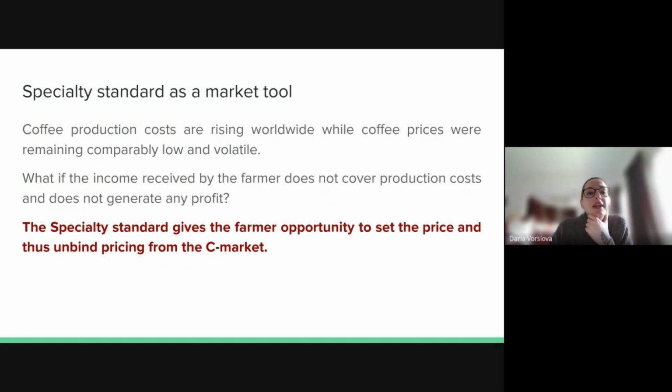But again, we are speaking about a problem that was 30 years ago, that was 50 years ago, and CQI, Coffee Quality Institute, developed the specialty coffee standards to increase the quality, to add value to the product, and to give a farmer a tool to set up a price, to unbind his price from the C market and get a higher profit for the product, which seems pretty fair.